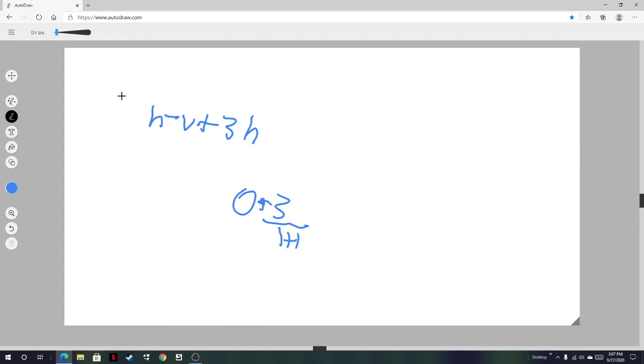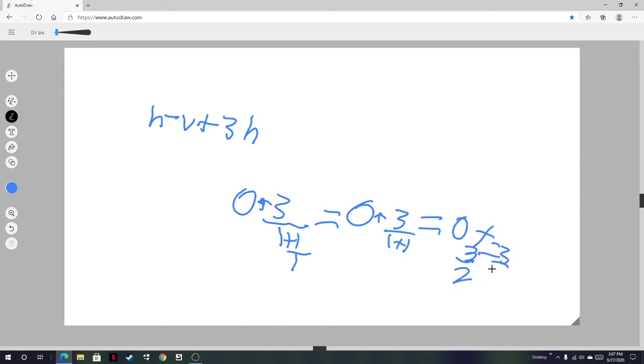Oh, really, 1 over 1. But that goes to 0 plus 3 over 1 plus 1, which goes to 0 plus 3 over 2, also known as 3 over 2, or 1.5, which means this equals 1.5. Yay!